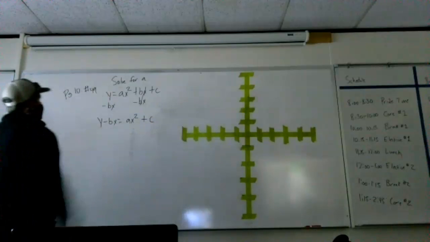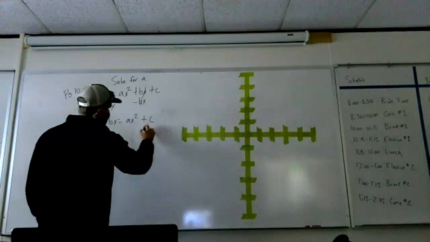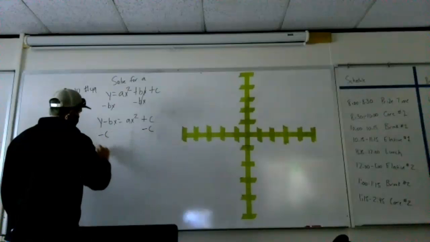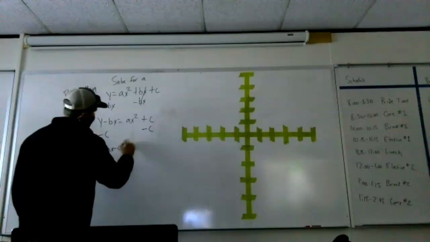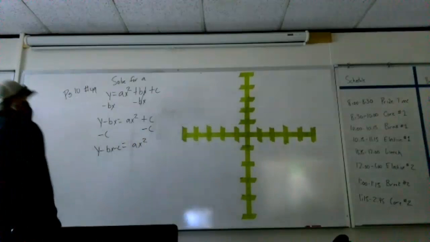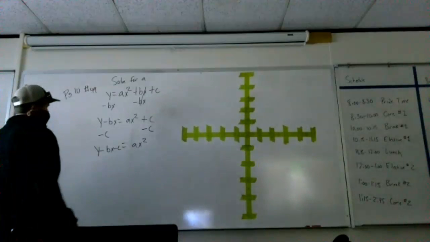So again, I still have an addition, so I need to reverse that operation. So I'm going to subtract c from both sides to move it over. I'm left with y minus bx minus c is equal to ax squared. And now I have multiplication of the variable I want to isolate, a, with x squared.